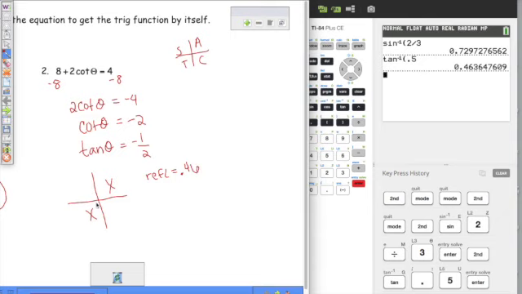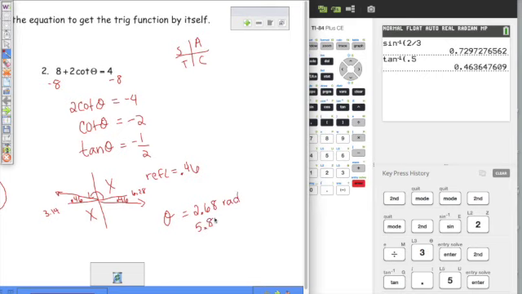I need to say in quadrant 2, I need an angle that has a reference angle of 0.46 radians, and I need one in quadrant 4 as well. So that would be 3.14 minus 0.46, right? And 6.28 minus 0.46. So for me, theta is going to be equal to 2.68 radians. That's the quadrant 2 answer, and 5.82 radians.